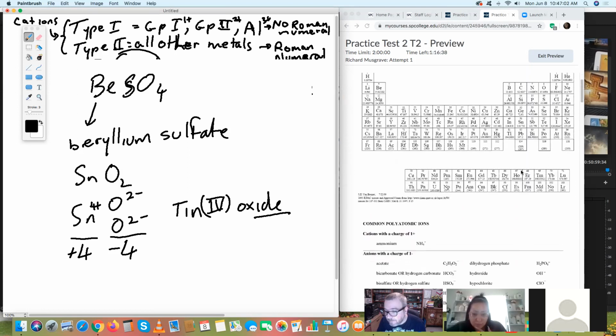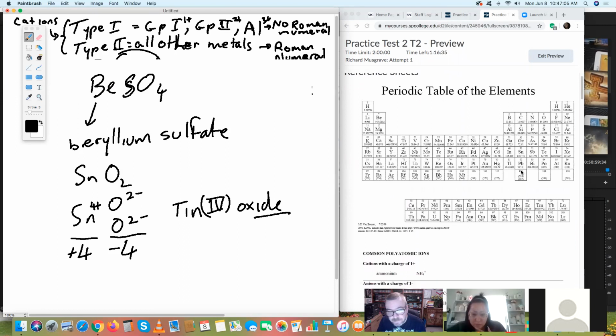Professor, for example, you have germanium, this one here, and you have nitrogen. If it was Ge and N, do you need a Roman numeral for this one? Yes, because germanium is a metal, but it's not one of those type 1s that we talked about, the group 1, group 2, or aluminum.